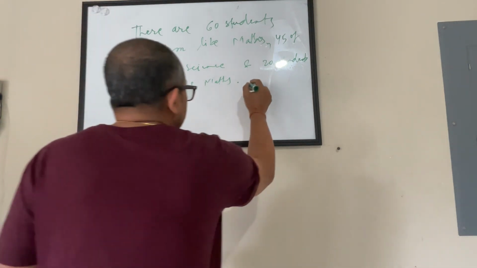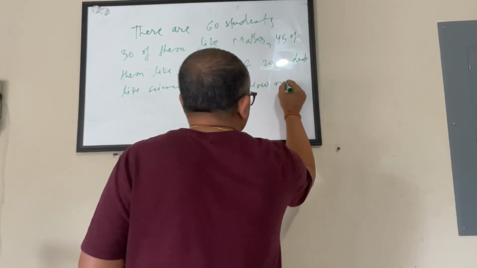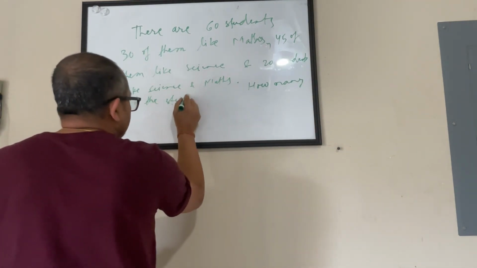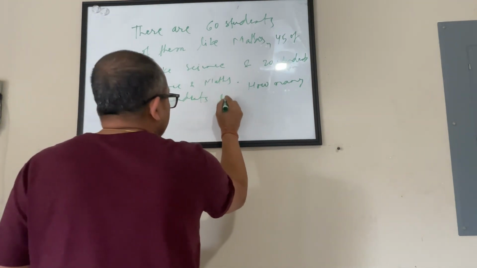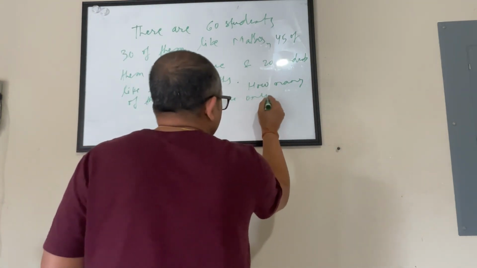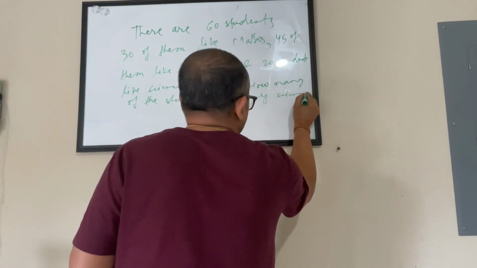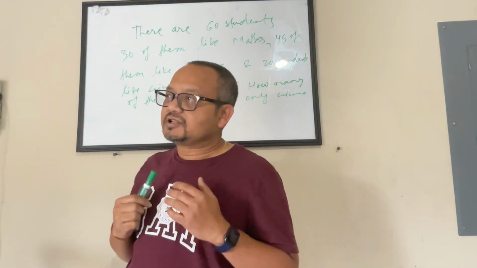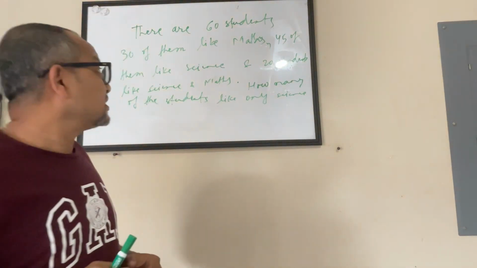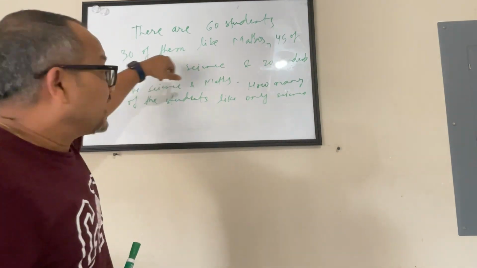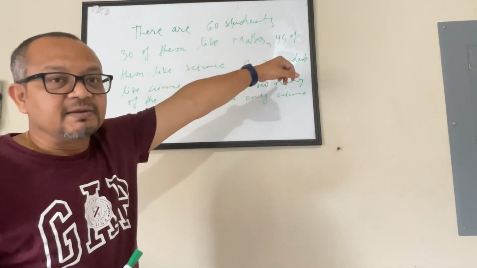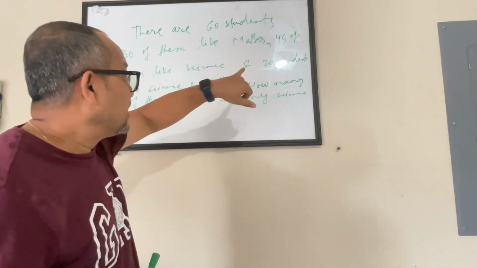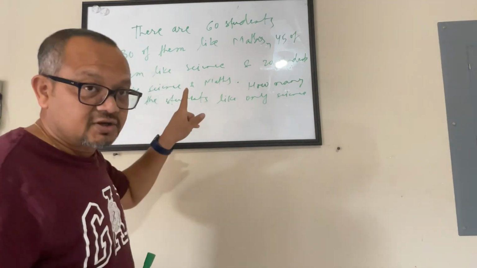Now the question is, how many of the students like only science? That's the question. So there is a class of 60 students, 30 of them like maths, 45 of them like science, and 20 like science and maths both.